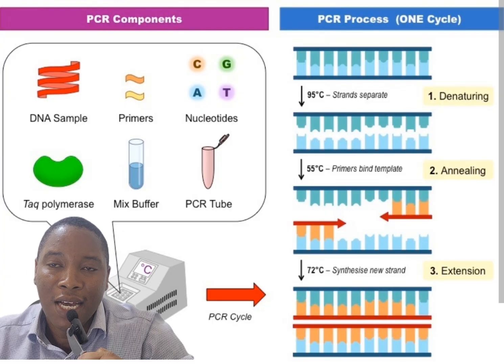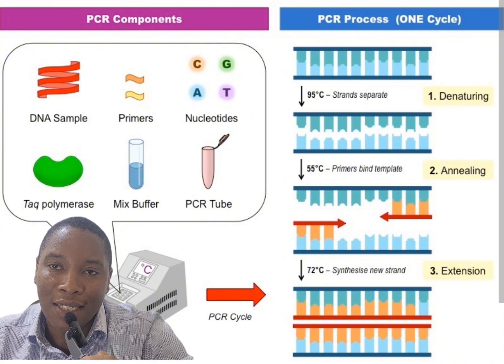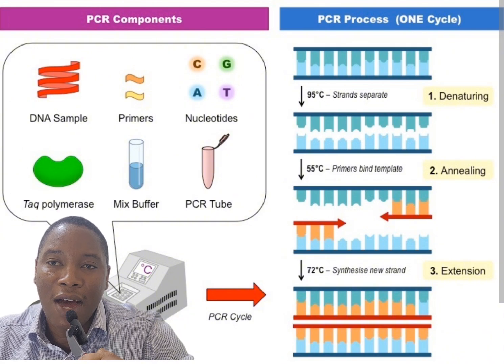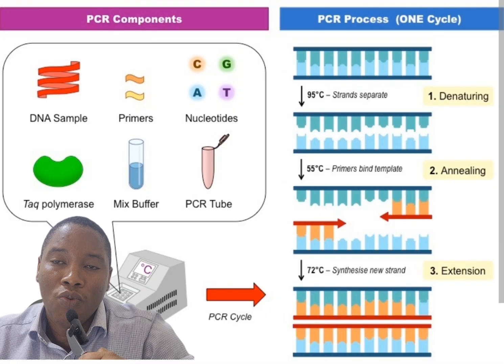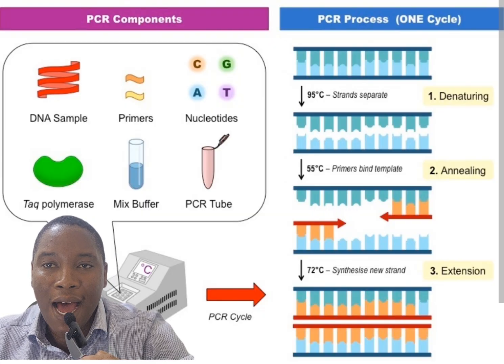The gene that you're interested in has a place where it starts and where it ends. Now you have primers, which are short sequences of DNA, which when you add them to your solution, are able to look for that particular target place. That is the place where the gene starts and ends. These primers attach themselves to this area, and that's what you call your annealing.